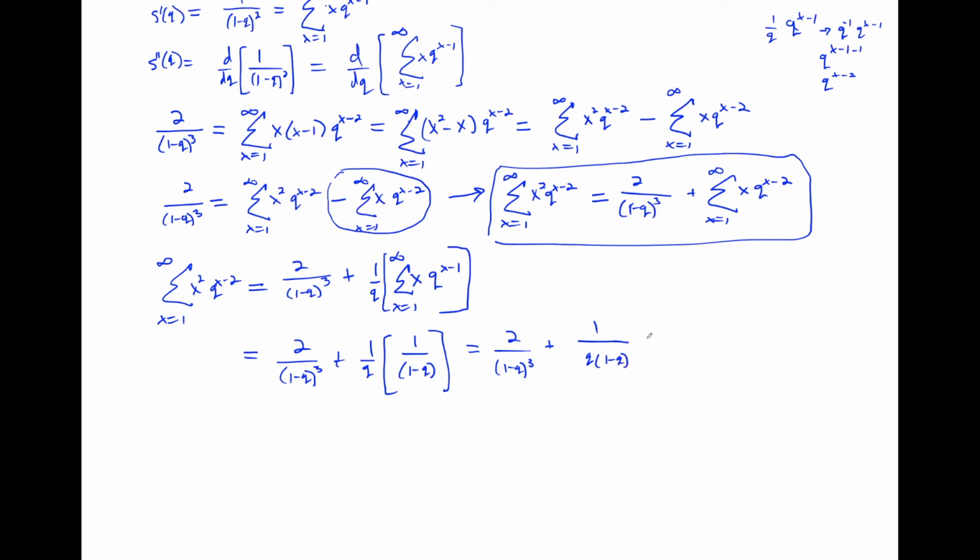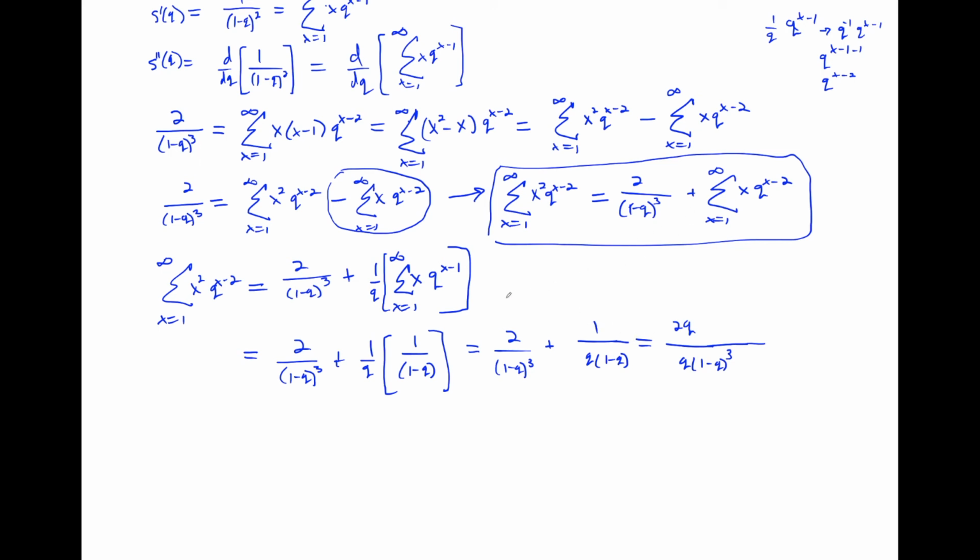All right, so now we're going to do lowest common denominator. And so we have a q over here. So that's 2 times q over q times 1 minus q quantity cubed. And then if we want this other denominator to be the same, well, we have a q, we have a 1 minus q, we need a 1 minus q.